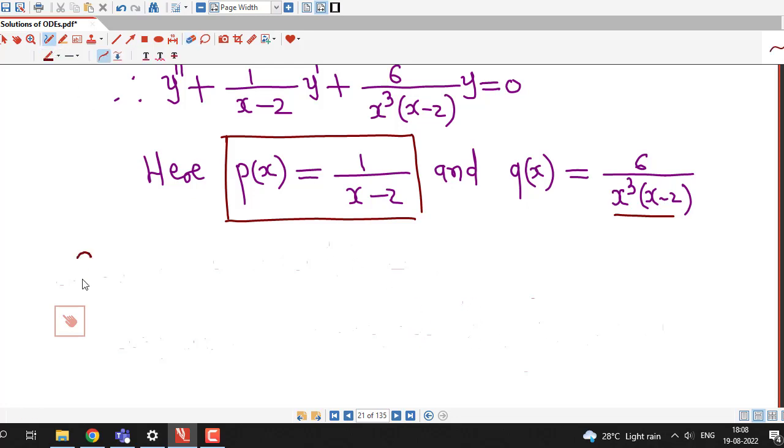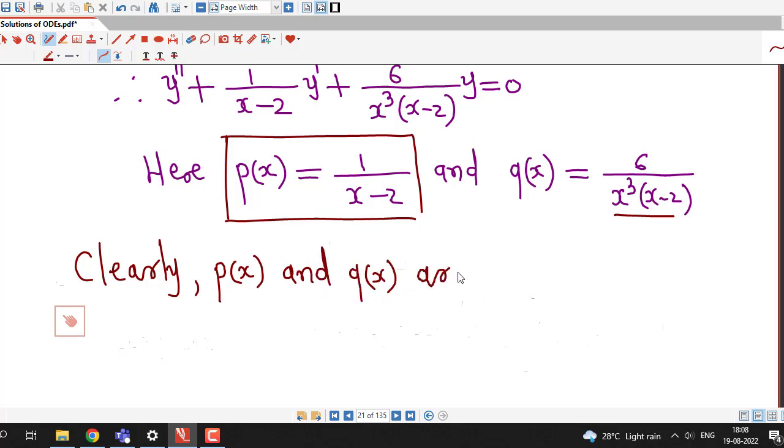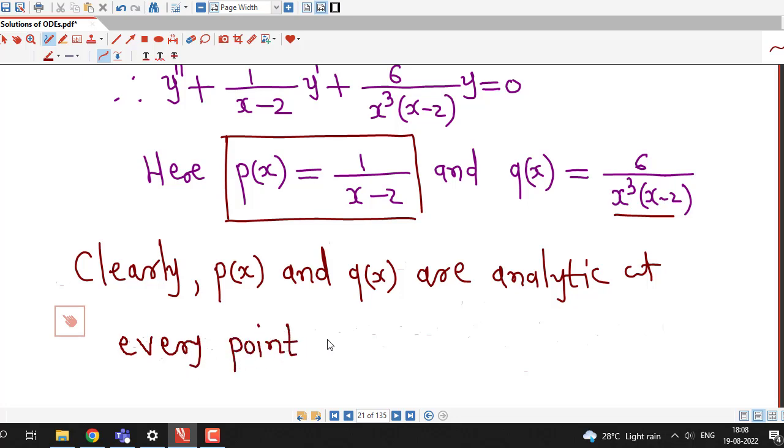So we can mention here clearly, p(x) and q(x) are analytic at every point x except x equal to 0 and x equal to 2.